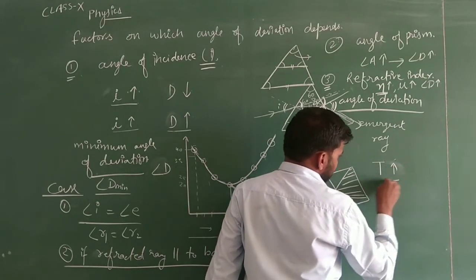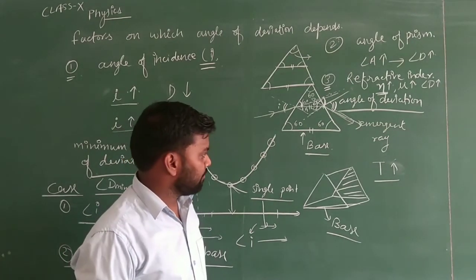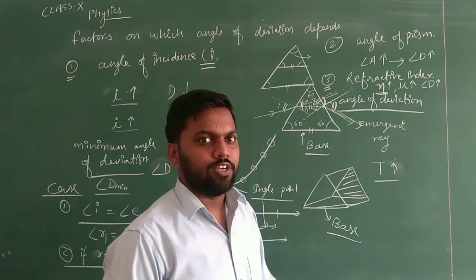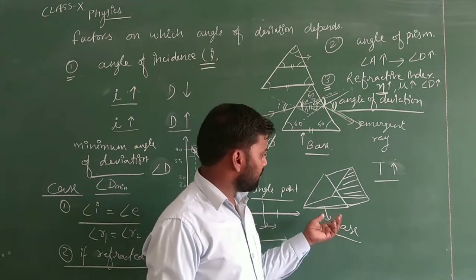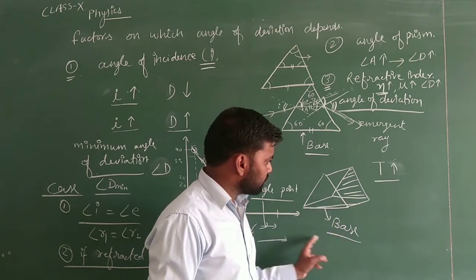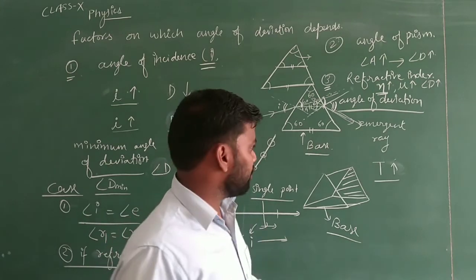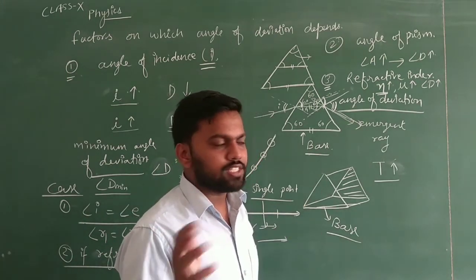Okay, students, if we increase the temperature of any substance, the particular material starts getting energy. If it starts gaining energy, definitely the particles of the prism will start loosening themselves and the density of the prism will start decreasing. Now the question is, what is density?